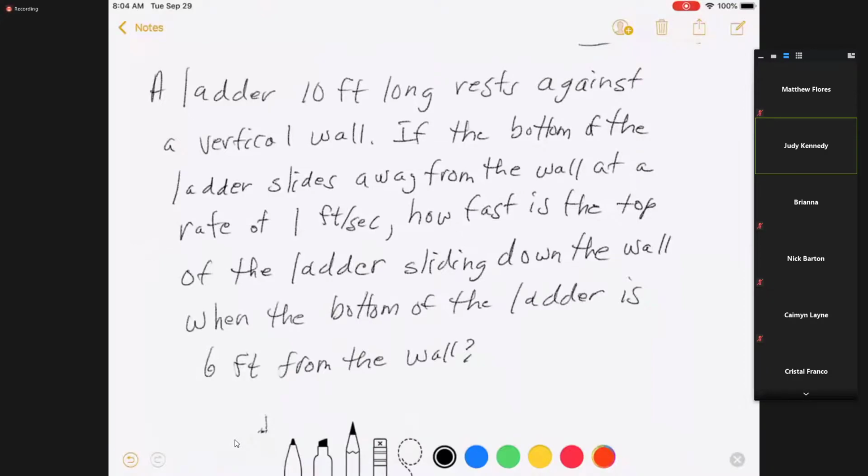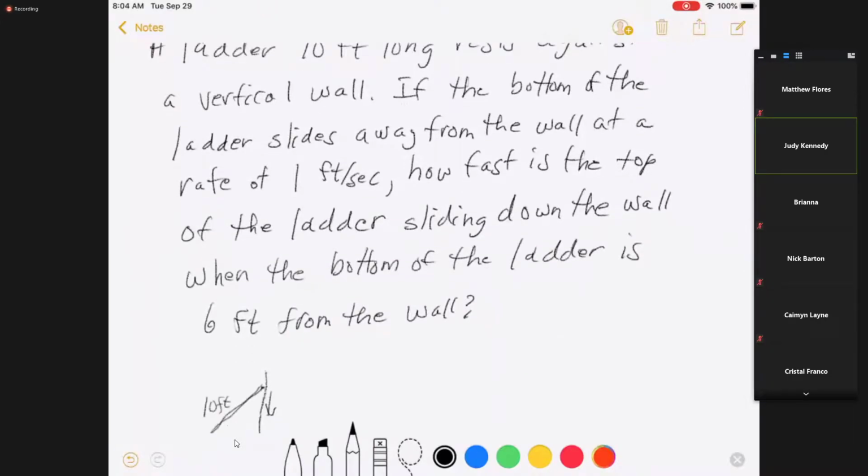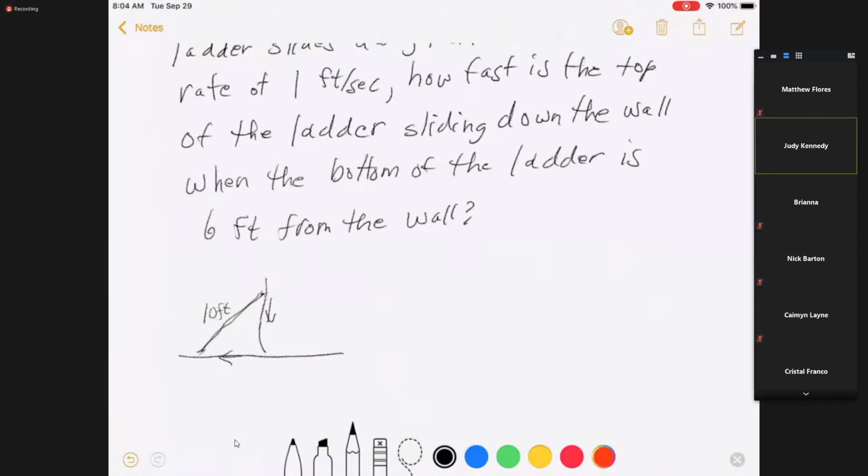While it is sliding down the wall, draw a picture here. The ladder is 10 feet long, and that's not changing. That's supposed to be a vertical line there. What is changing is how far down the wall it is, and also how far the bottom of the ladder is from the wall.